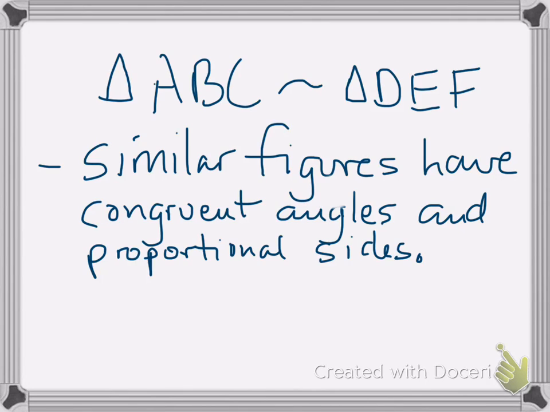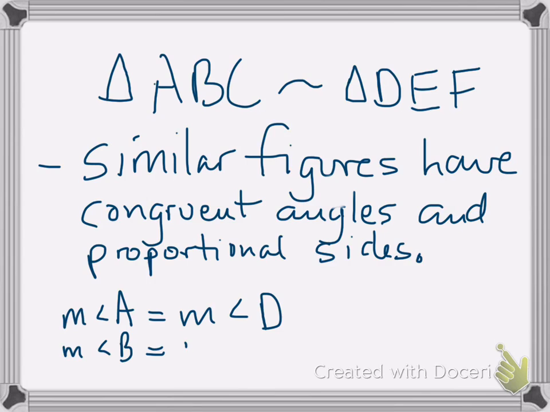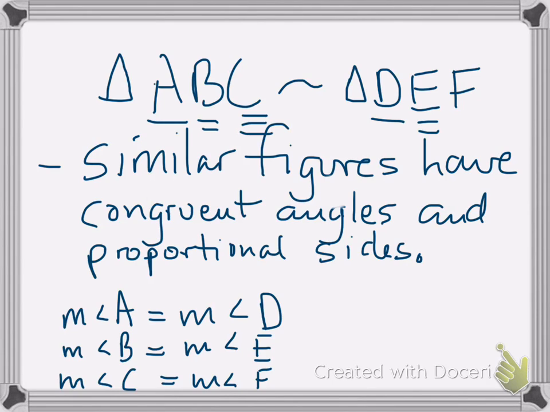I could tell you this similarity statement means that the measure of angle A is equal to the measure of angle what? D. It means that the measure of angle B is equal to the measure of angle E. And it means that the measure of angle C is equal to the measure of angle F. And we get all of that because the corresponding angles of similar figures are congruent.